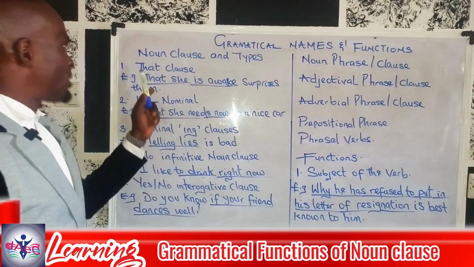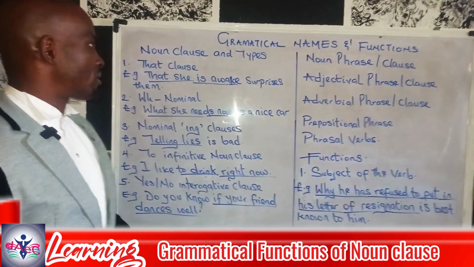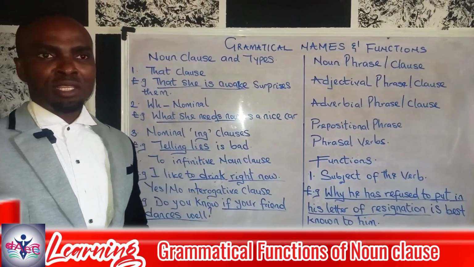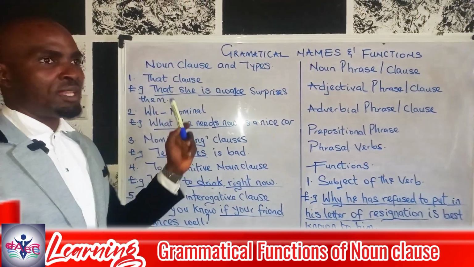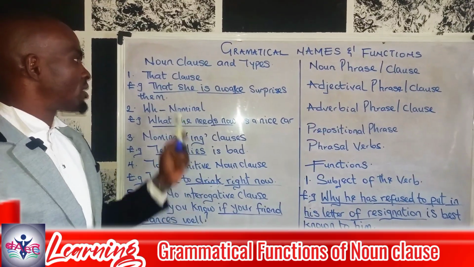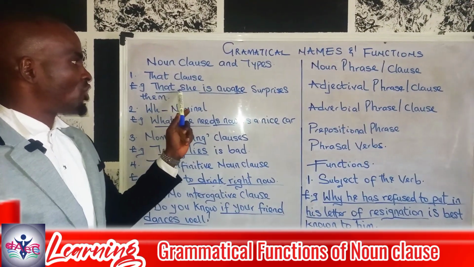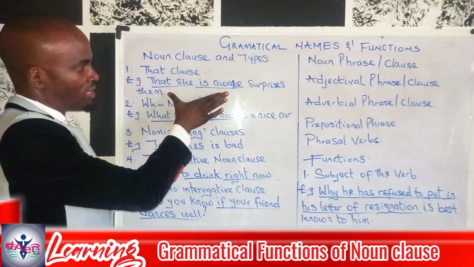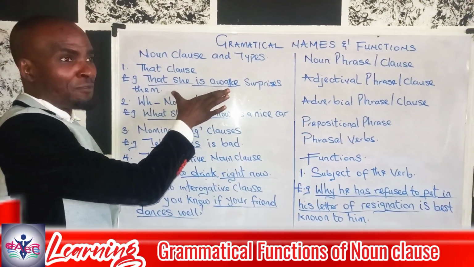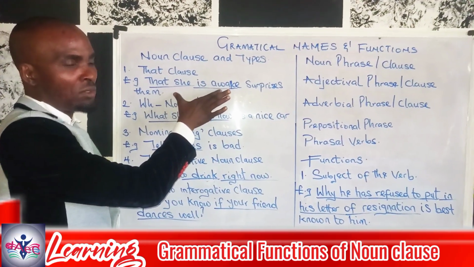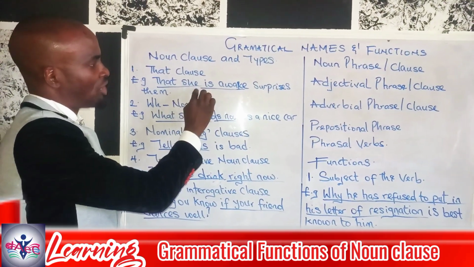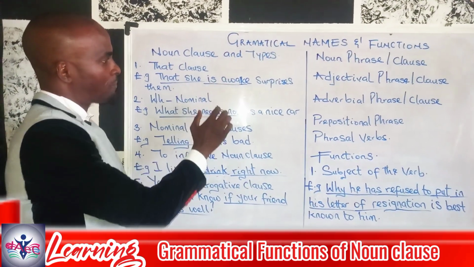To start with, the that noun clause. These are the clauses that begin with that, the demonstrative that. So we have: that she is awake surprises them. We have the group of words here forming the function of a noun and also performing the function of a subject: that she is awake.